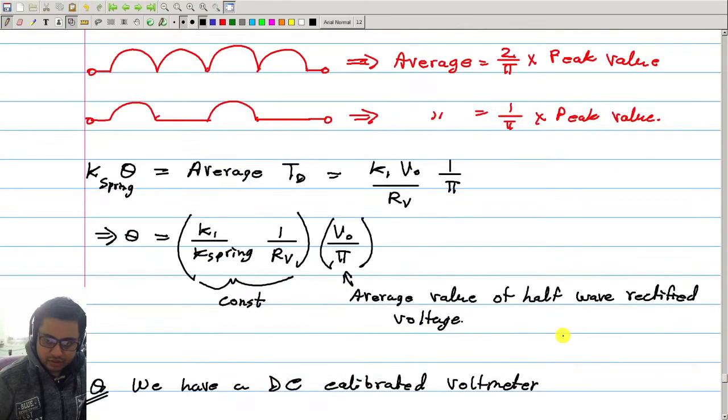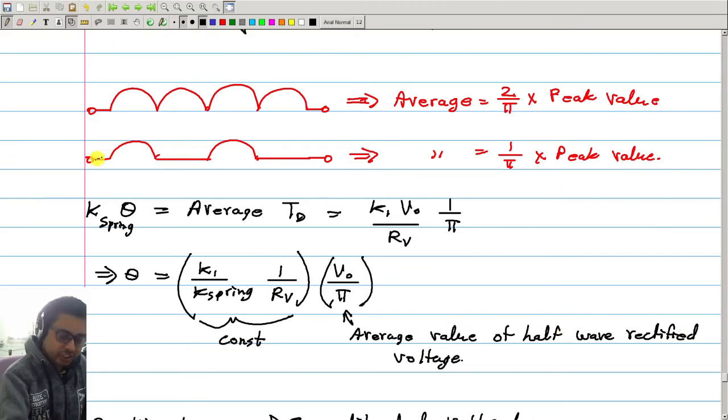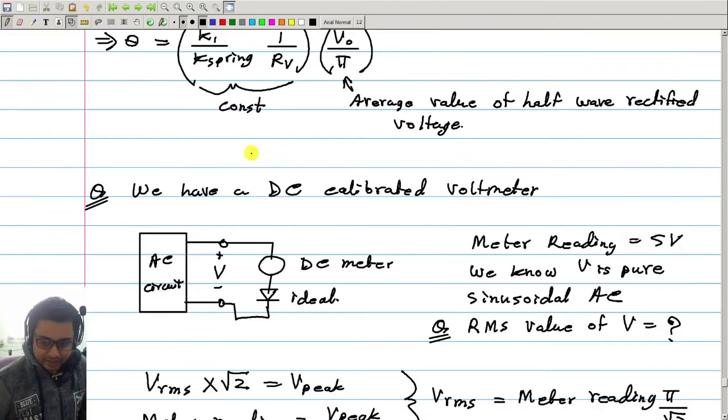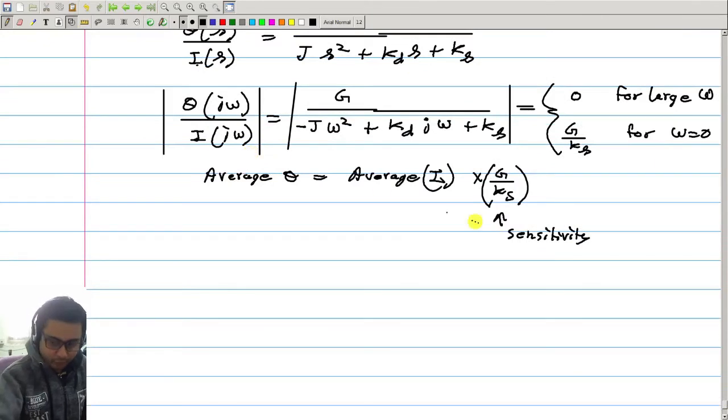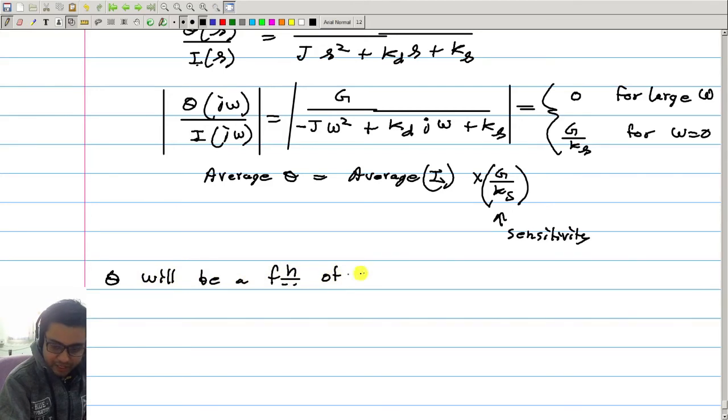What was the question? Yeah, the question was, when we have a varying current like this, then what will be the deflection? Through this analysis, what I want to say is that theta will also be a function of time if I is a function of time.